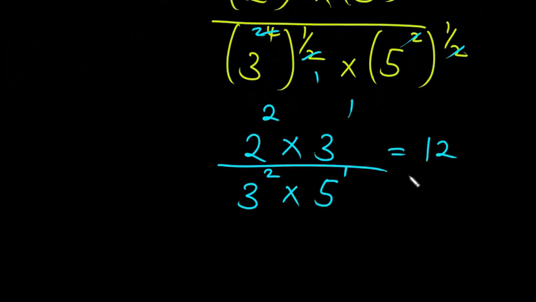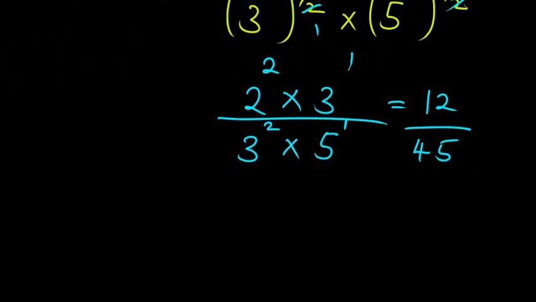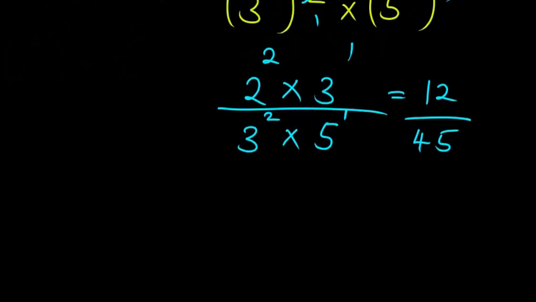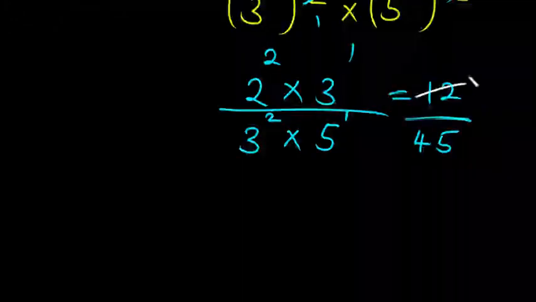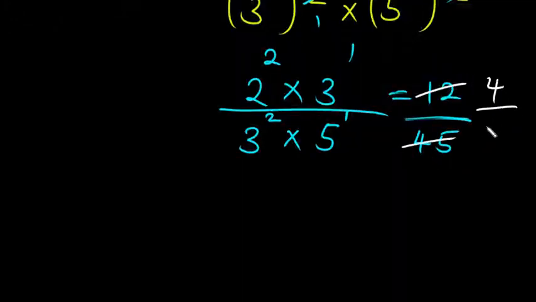And then we can divide this by 3 squared, which is 9. 9 times 5 is 45, sorry, not 40, it's 45. Now we can simplify this further. By 3 it's 4, by 3 it's 15. So our final answer is 4 over 15.